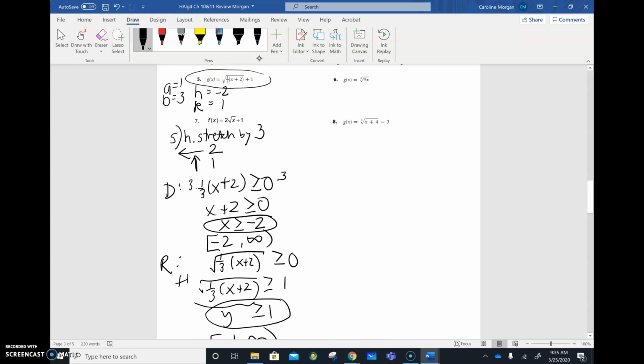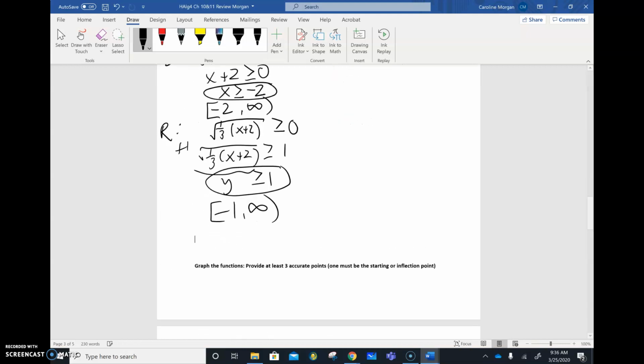Sure. All right, I'm going to graph this now. It's square root, 1 divided by 3 times x plus 2, close the parentheses, plus 1. All right, let's look at our graph. Oh, it makes sense.